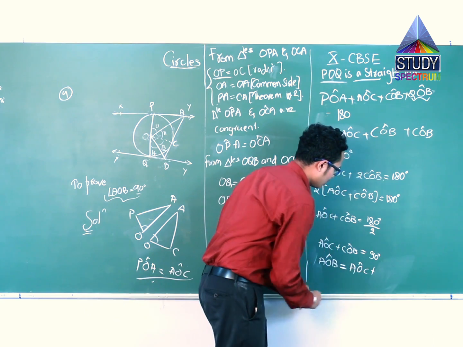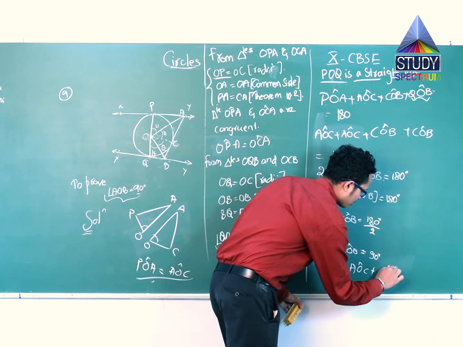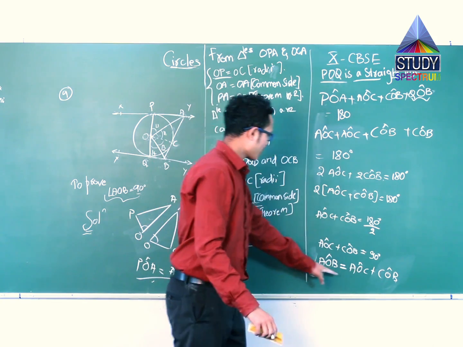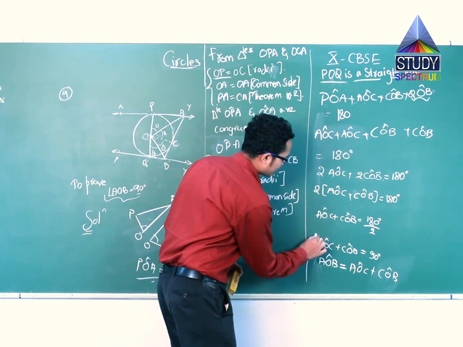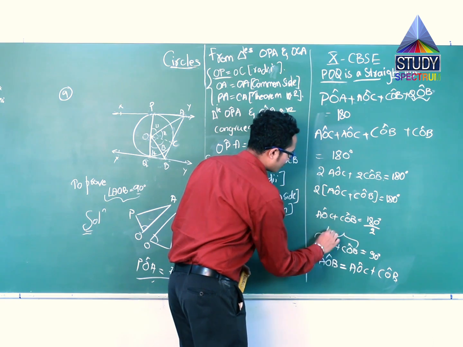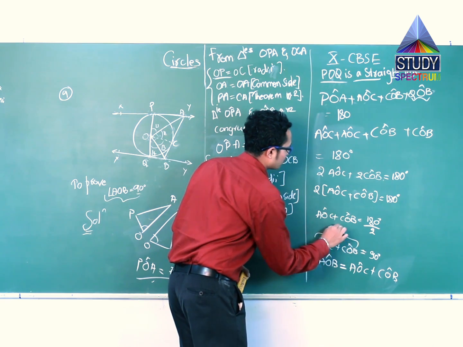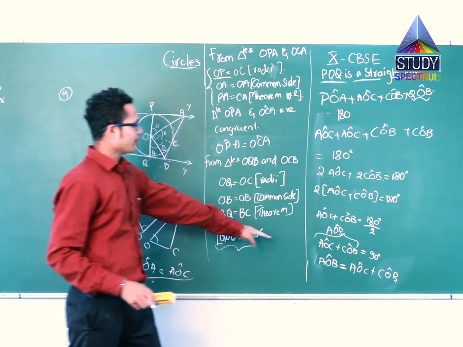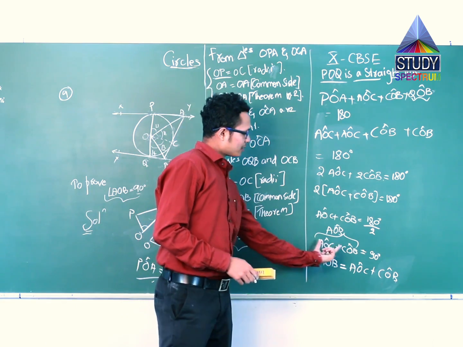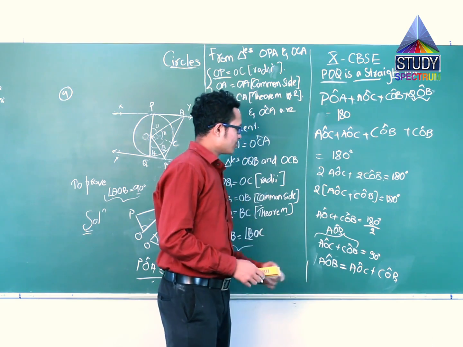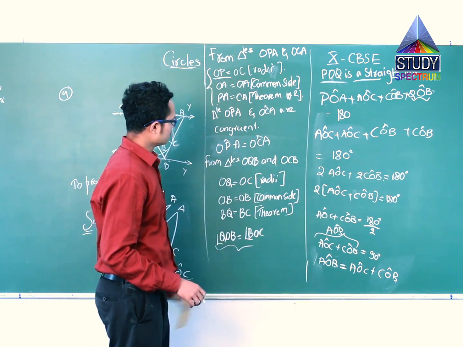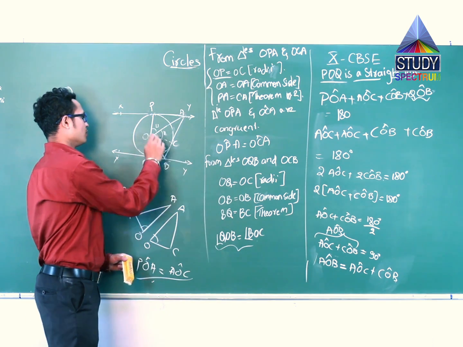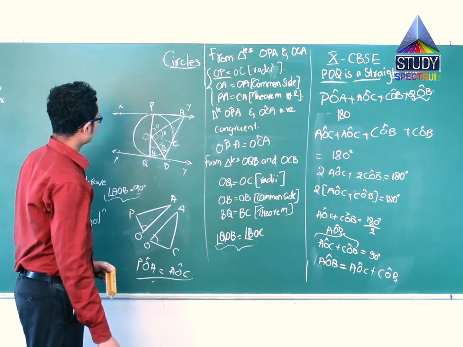COB or BOC doesn't make much difference. But where the angle is at which point, that is important. So therefore, this entire sum sums to angle AOB. Since AOB is equal to the sum of those 2 angles, I write the sum of these 2 angles as AOB, which is equal to 90 degrees. Hence, we proved that angle AOB is 90 degrees.